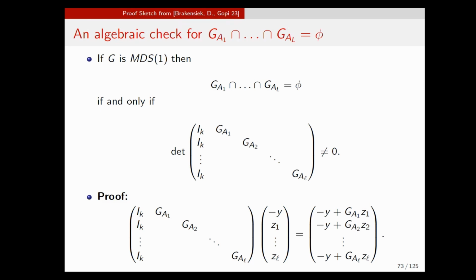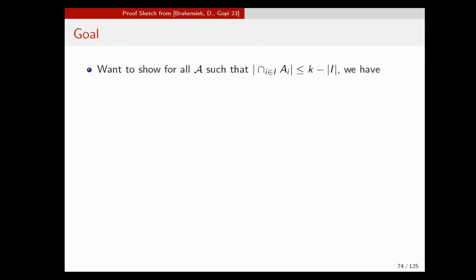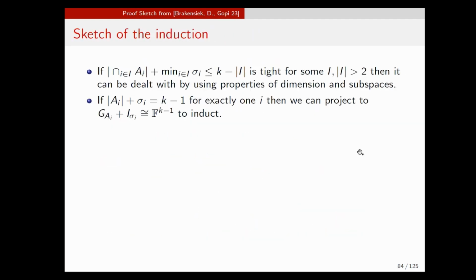That's not immediately clear, but for something to be MDSL, we'll end up looking at only A1 through AL where this will end up being square. Right now I'm just saying that this is empty if and only if there is nothing in the column kernel. But the way we use it is only in situations where this is square, so it just ends up being that the determinant is non-zero. Okay, so we just see this and we skip the proof of the MDS theorem.